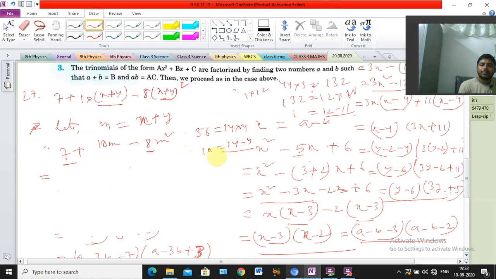Instead of 10, we will write 14 minus 4. Clear or not? Understood? Next, so 7 plus this one we are getting 14m minus 4m minus 8m square. Clear or not? Means removing the bracket.